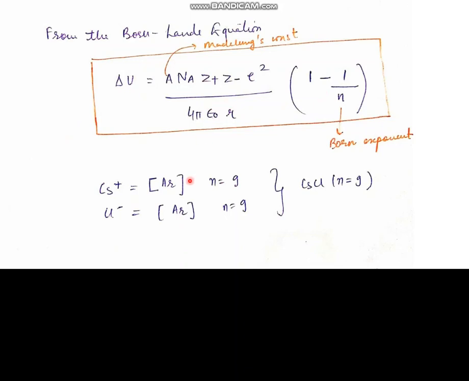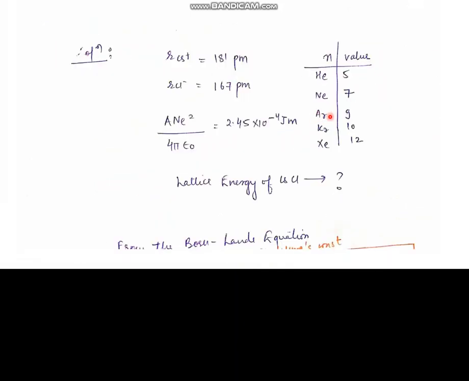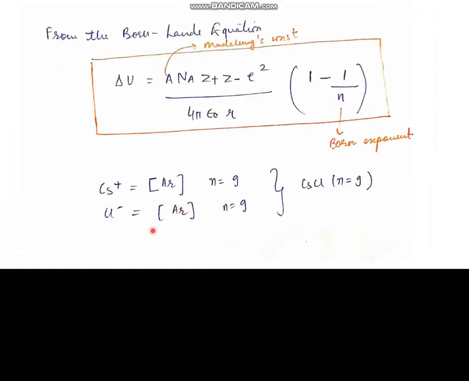So the electronic configuration of Cs+ is that of argon, and the electronic configuration of the chloride ion is again that of argon. For argon the n value is 9, that is, the Born exponent's value is 9, and chloride also has the argon configuration, so again the Born exponent is 9.